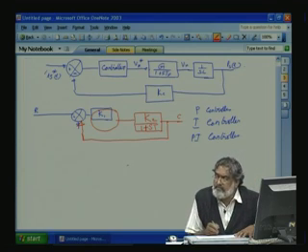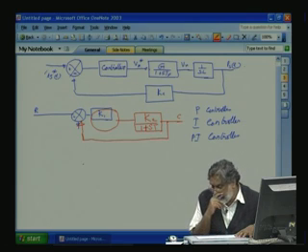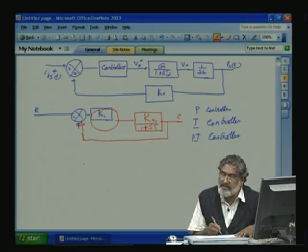Now, let us find out how we design our K1 for a system like this.